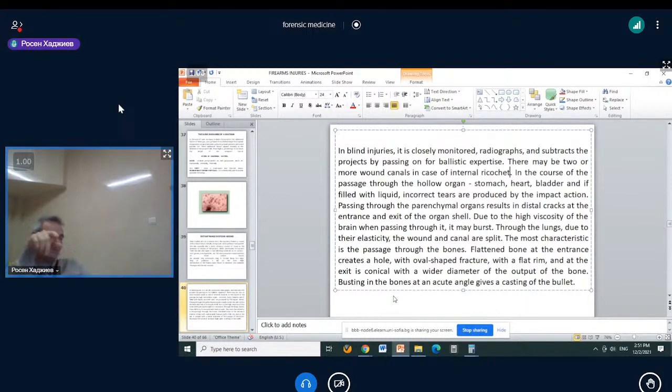This is because, as we've discussed a lot, the tissues, including the bones, are more resistant to pressure rather than to extension. That's why, at the external part of the flat bone on the entrance road, the bullet exerts compression. That's why the external part of the bone is comparatively clear-cut and with smaller diameter.